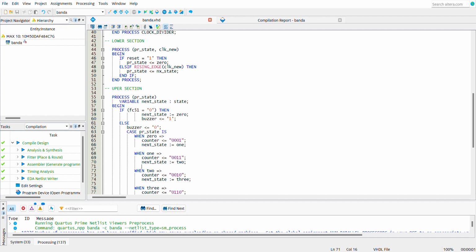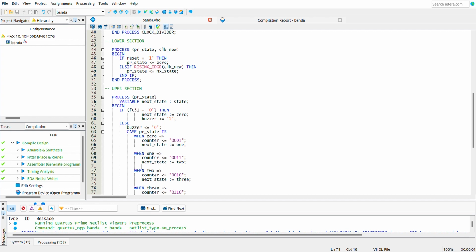So the state machine transitions through the predefined sequence of each state. Each state sets specific values to the counter output and determines the next state for the subsequent clock cycle. The states transition in the flow sequence from 0 to 1 to 2 to 3 to 4 to 5 to 6 to 7 and then to 0, like a state machine.